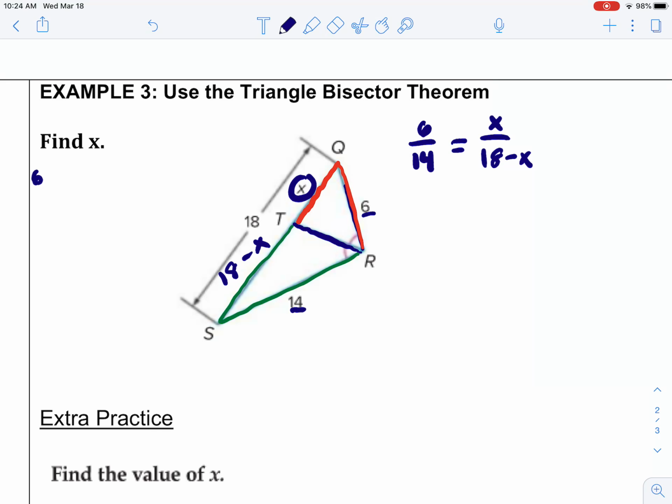You could also set up your ratio as like 6 over x, and look at just the red segments, is equal to 14 over 18 minus x, which would have been those green segments. So you could actually work that out and notice that the same proportions will apply there as well.